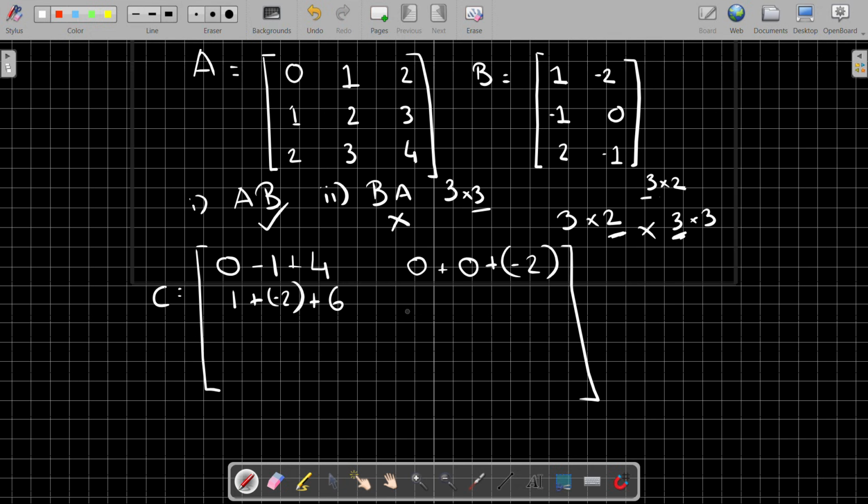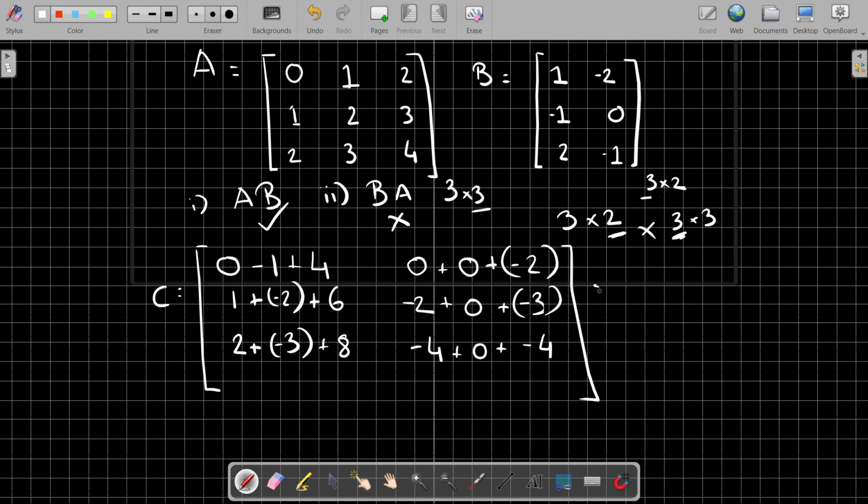In a similar fashion, 1 into minus 2, minus 2, 2 into 0 is 0, plus 3 into minus 1 is minus 3. 2 into 1 will be 2, plus 3 into minus 1 will be minus 3, plus 4 into 2 will be 8. 2 into minus 2 is minus 4. 3 into 0 is 0, plus 4 into minus 1 is minus 4.